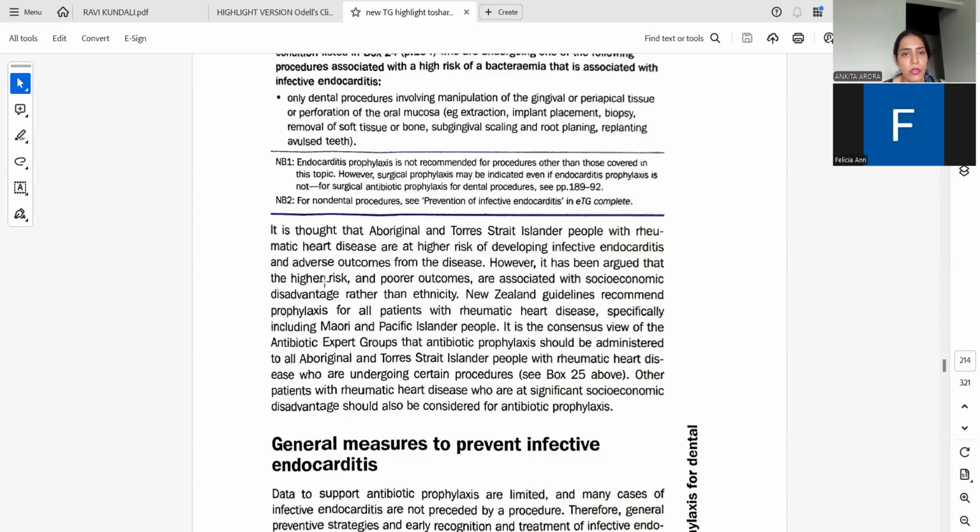However, it has been argued that the higher risk and poorer outcomes are associated with socioeconomic disadvantage rather than ethnicity. New Zealand guidelines recommend prophylaxis for all patients with rheumatic heart disease, specifically Maori and Pacific Islander people.